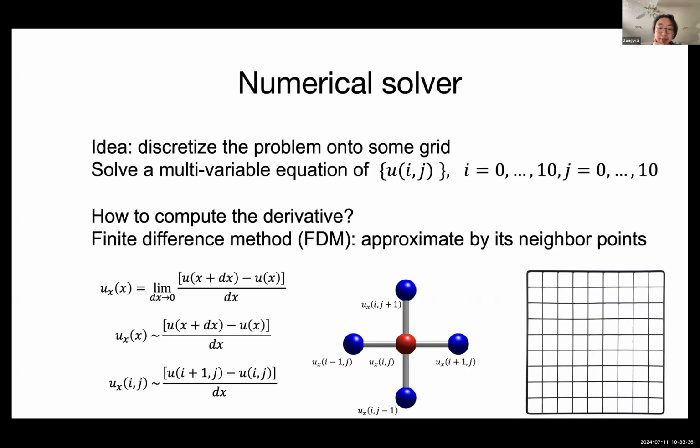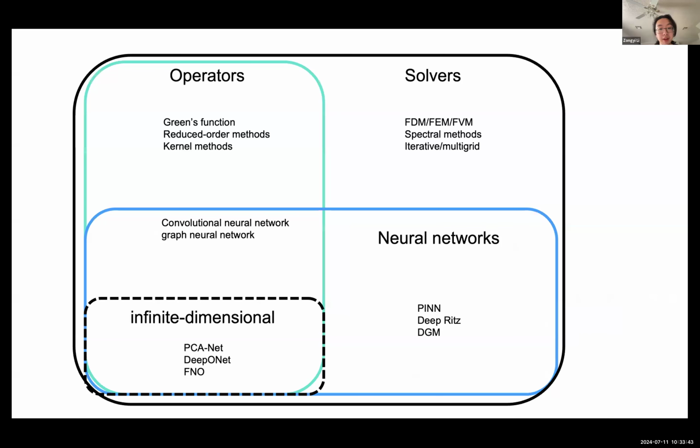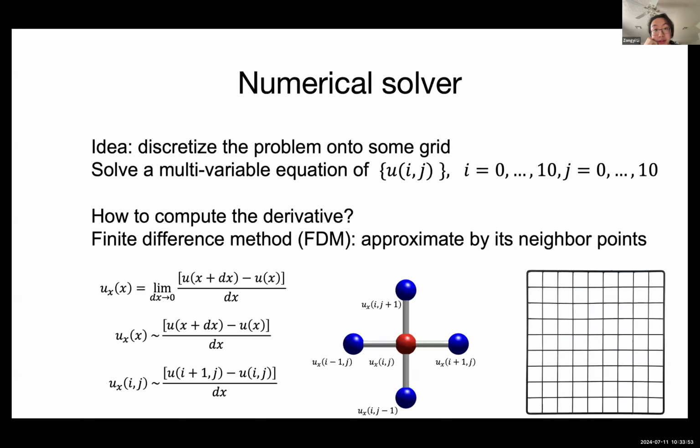The gradient is approximated by the neighbors of each node. These finite difference methods have been developed for 50 years or longer. They're nice, but overall, these methods can be slow for complex problems.